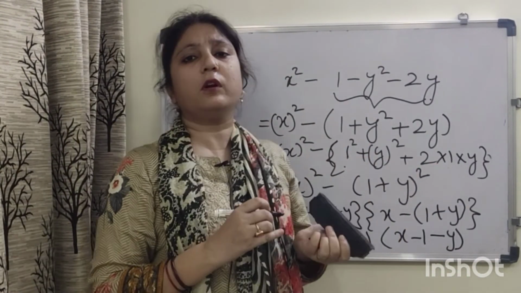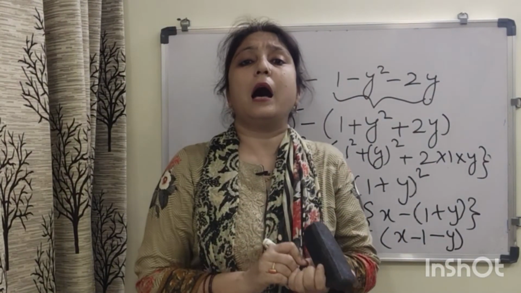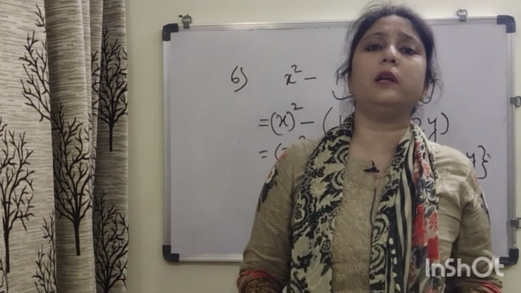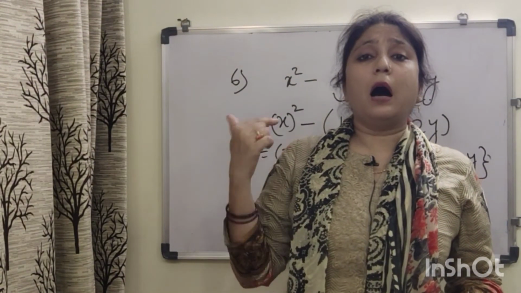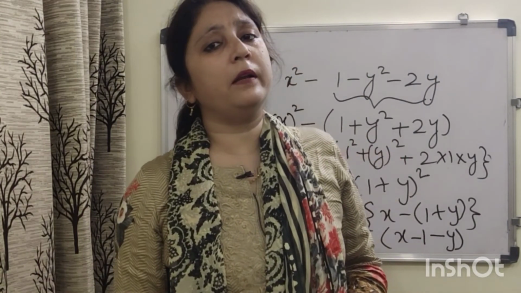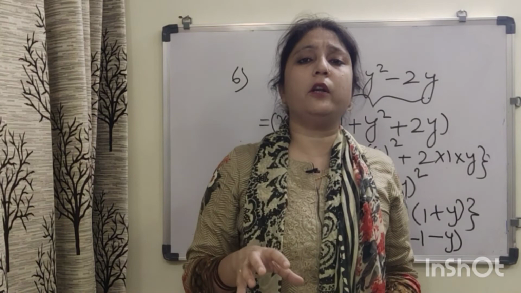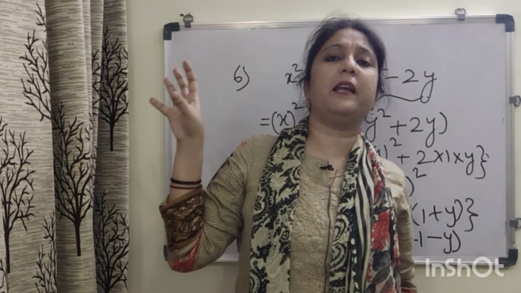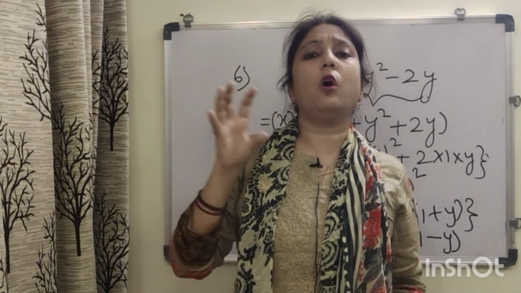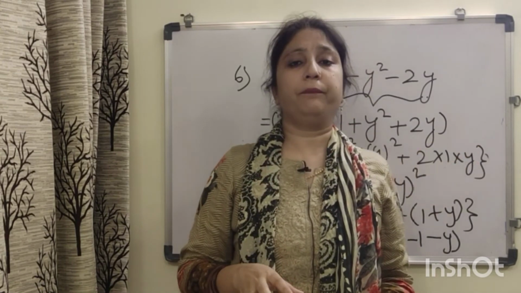That plus has turned into minus. I hope I have made clear how this placing of the binomial is going to affect your answer, whether it is placed at the first place or at the second place.